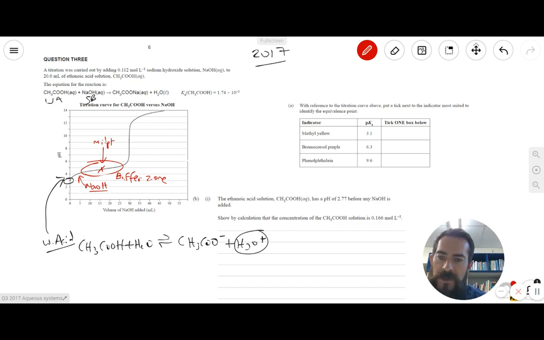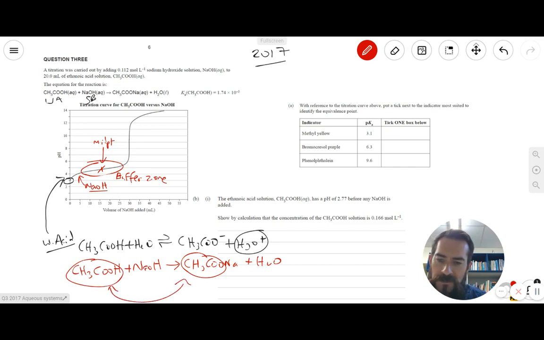And the midpoint is where you have effectively created a buffer, because what you've done is you've taken your acid and you've half neutralized it with your strong base. And if you half neutralize your acid and half of it is now in its conjugate base form, well, you then have a buffer system because you have equal amounts of the conjugate base and the weak acid.